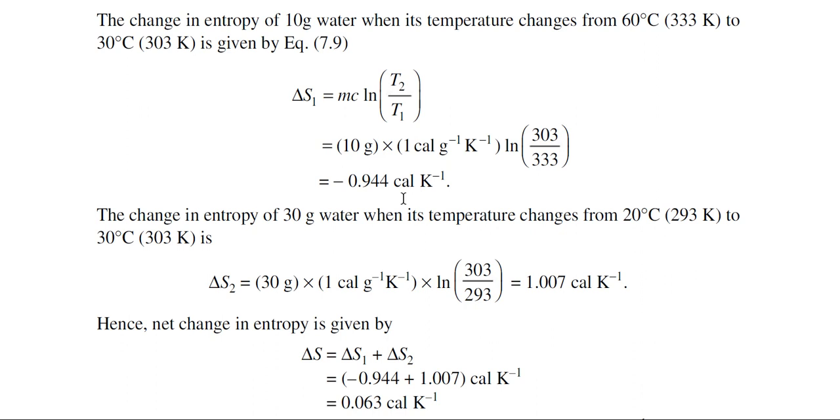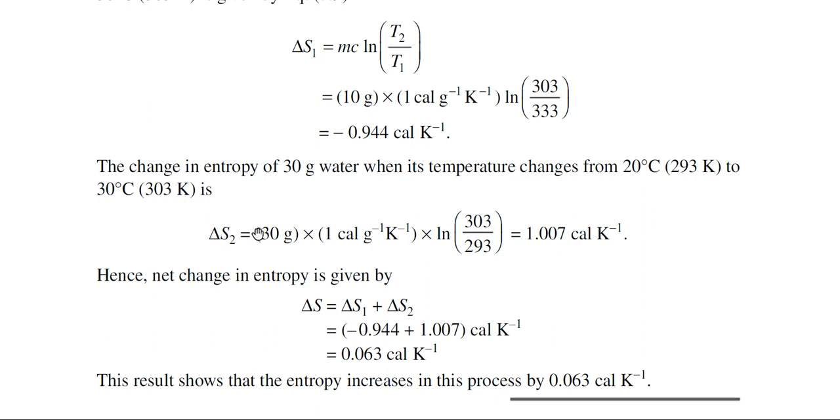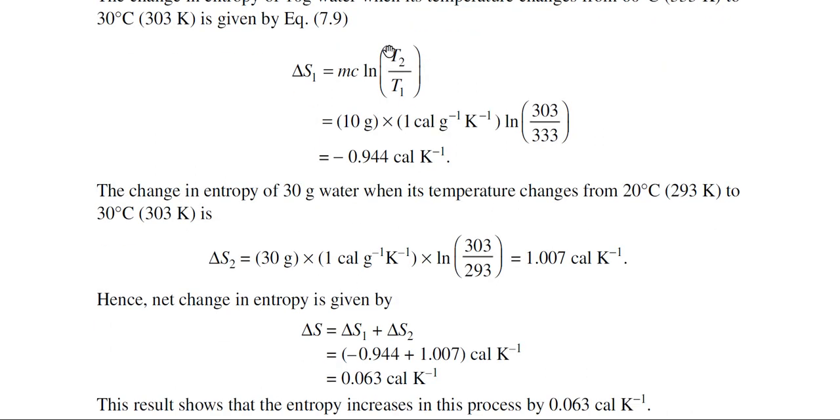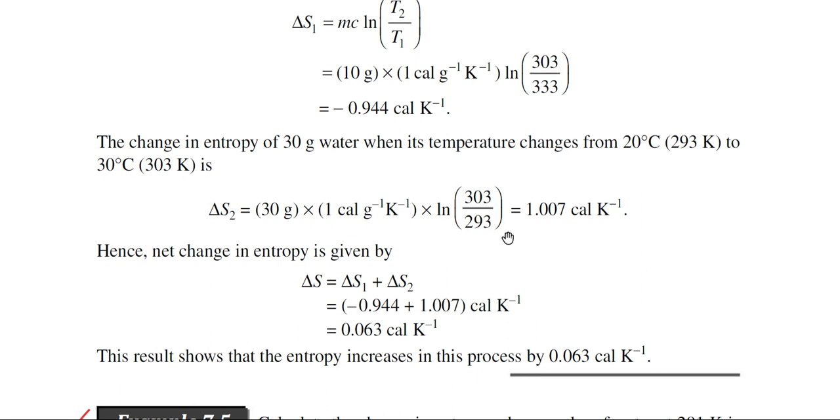Similarly, when you calculate the entropy for the second system, that is the 30 gram of water system, it is taking heat actually. The same formula you have to use, just the temperature values will be different. That is, here 293 Kelvin is the initial temperature, and final temperature is 303 Kelvin.